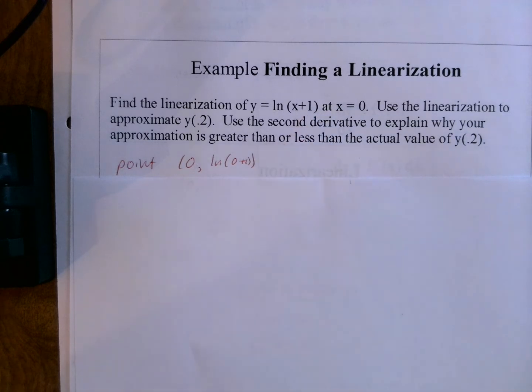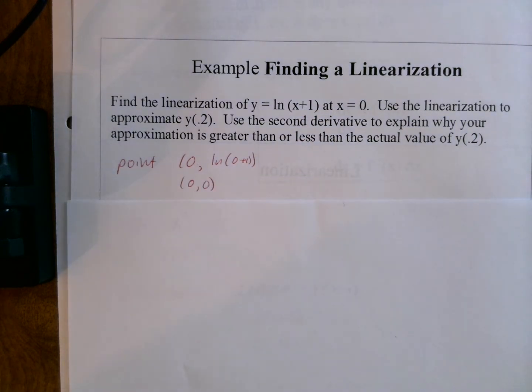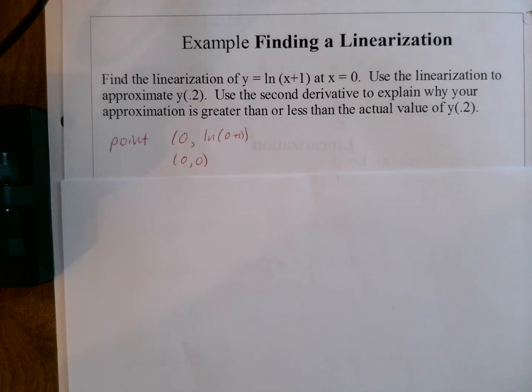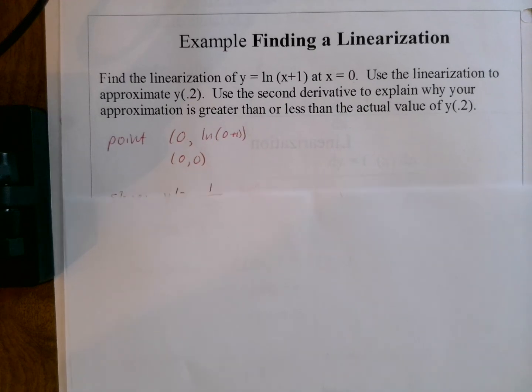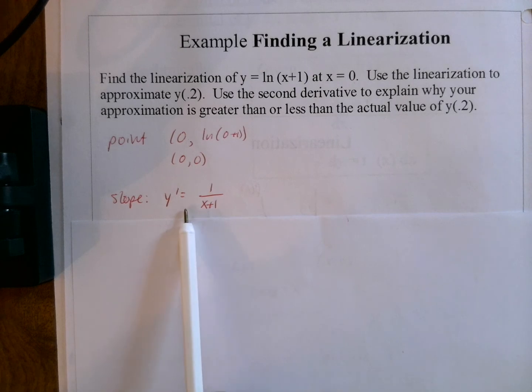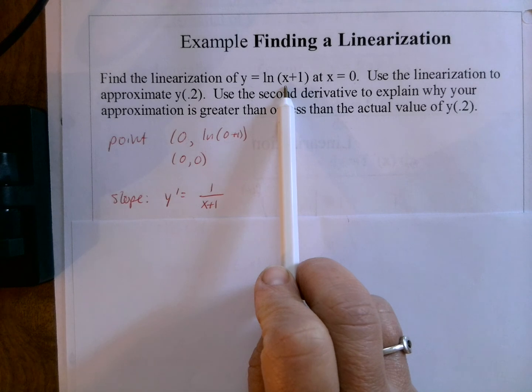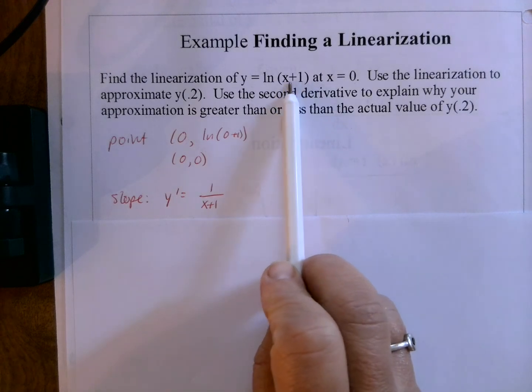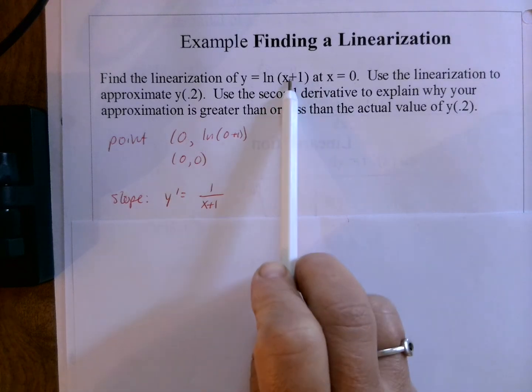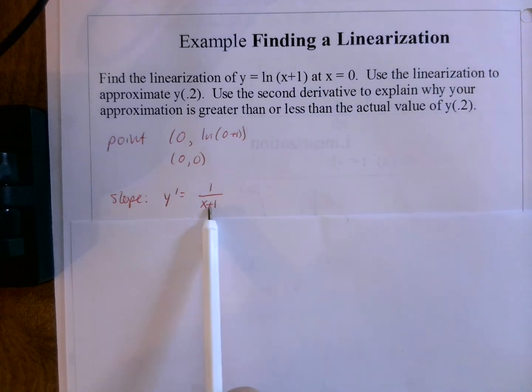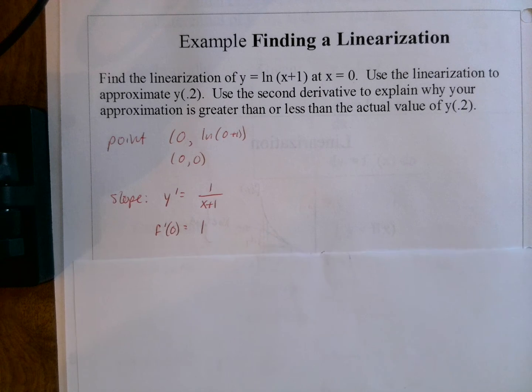Natural log of 1 is 0, so the coordinate we're going through for our tangent line is 0, 0. To find the derivative or to find the slope, change in y over change in x, that is the derivative of natural log of this, which is 1 over this times the derivative of 1 plus x, which is just that. Then the slope at x equals 0 is just 1.